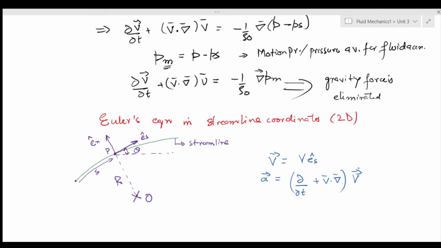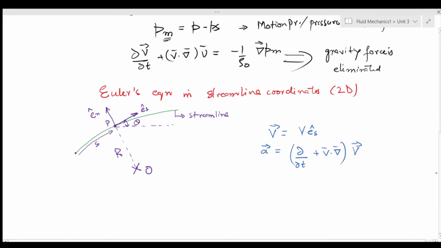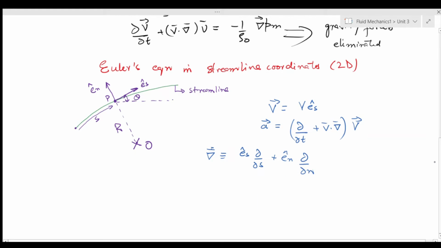Now, what is del here? I need to find my gradient for this particular case. So let us see. Del here would be Es del by del s plus En del by del n. That is my del.